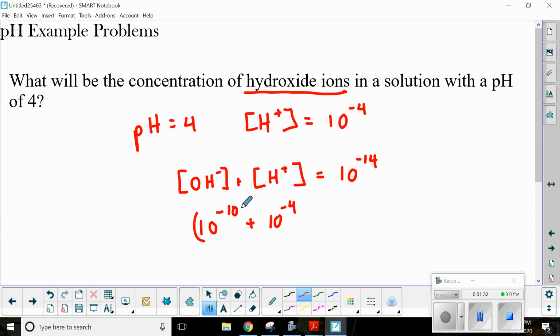And this is multiplied. I did a plus sign, but oops. So with that being said, I now know that my hydroxides are going to have a concentration of 10 to the negative 10th. There's a couple problems like that on the quiz where you're looking at the hydroxides rather than the hydrogens. Here's another one.